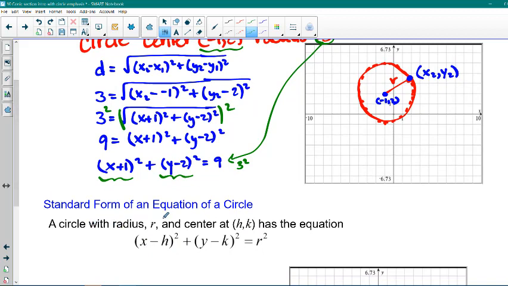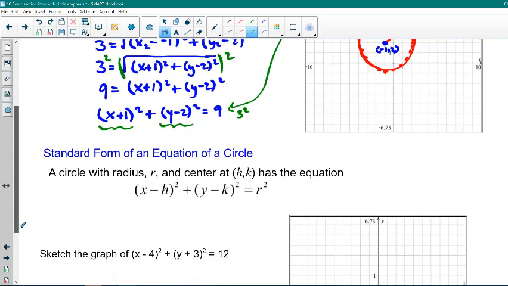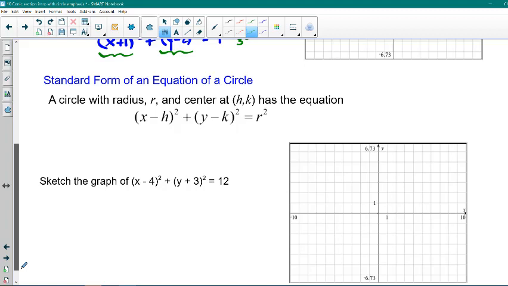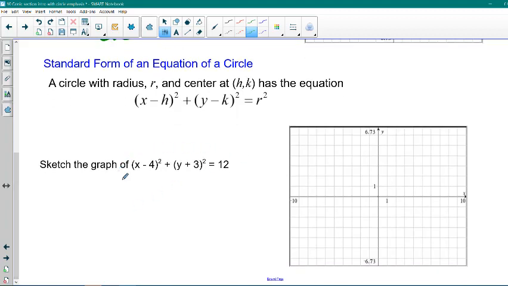A circle with radius r and center at (h, k) has the equation (x minus h) quantity squared plus (y minus k) quantity squared is equal to r squared. So when we are given the equation of a circle, when it's in standard form, we are able to quickly identify the pieces of information that will help us graph this circle.